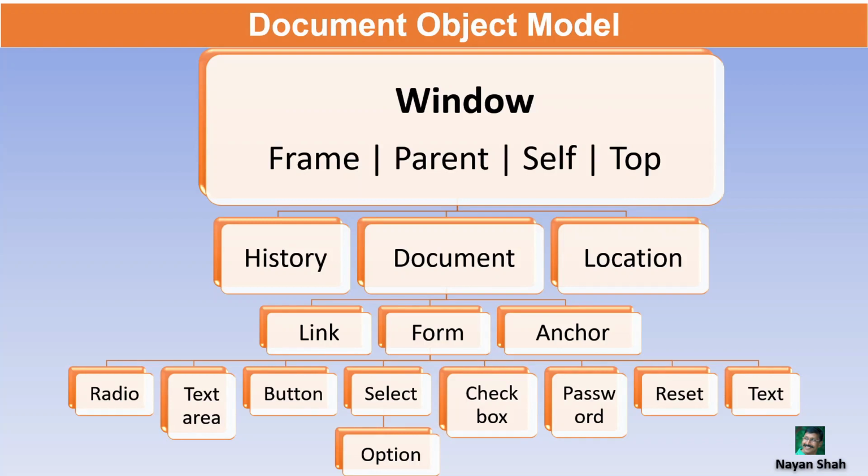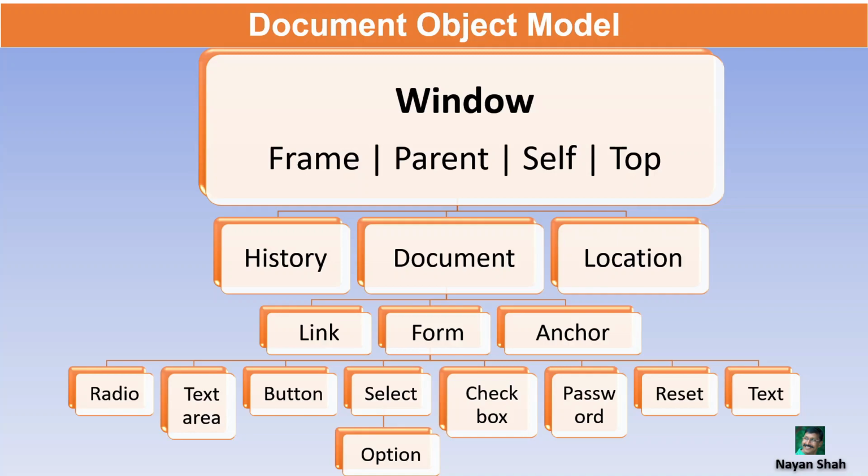Here you can see this document object model now. On the top of this is the window object. And those four things which you read, that is frame, parent, self and top, they are the types of window. There can be four types of window.